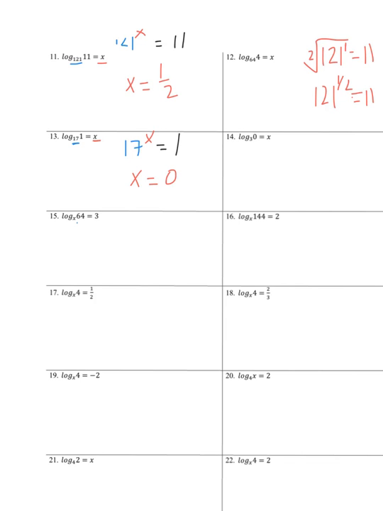Number 15, our base is x. Our exponent is 3. And that's going to equal 64. We want just x by itself, so we're going to multiply this 3 by the reciprocal of 3, which is 1/3.